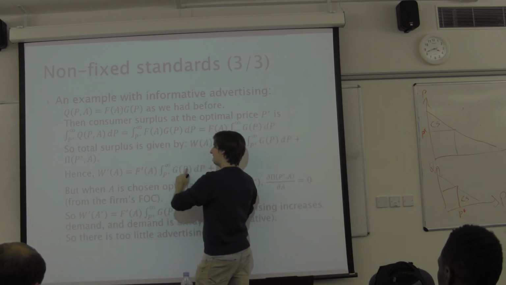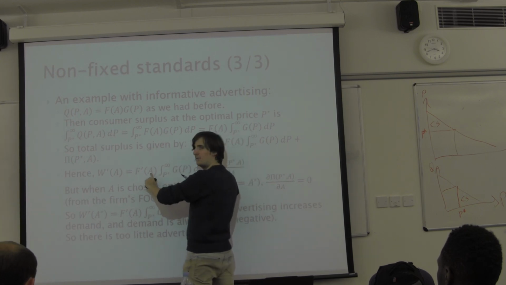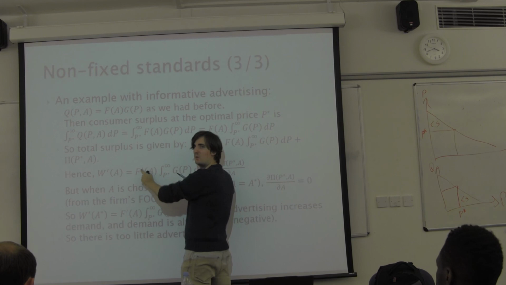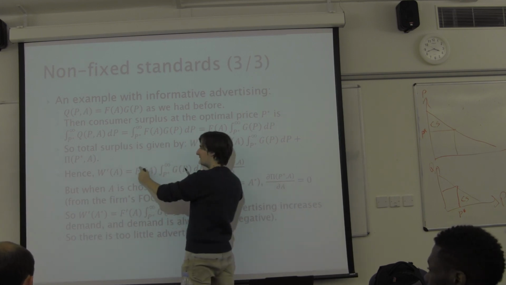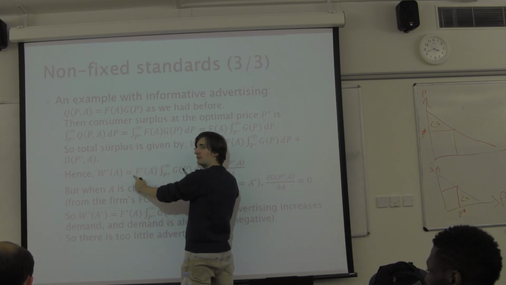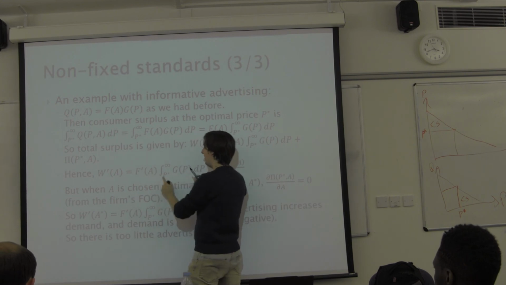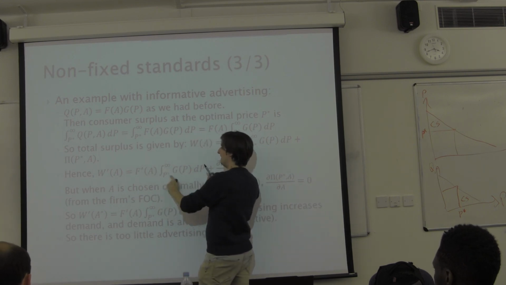So we just need to know whether this is positive or negative. Advertising is informative, we're thinking. Advertising scales up demand, increasing demand at any price, so this thing is positive. And this is consumer surplus when this happens to be equal to 1. It's an integral of a positive function, like the demand.